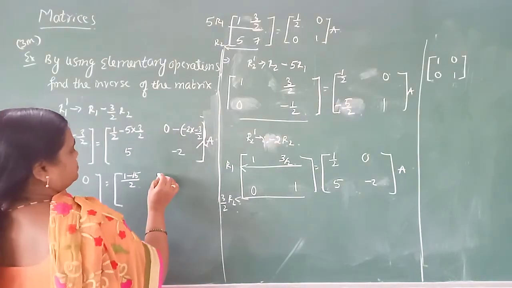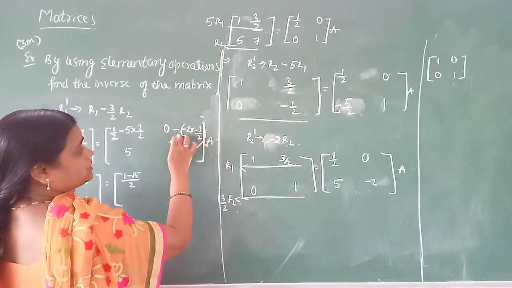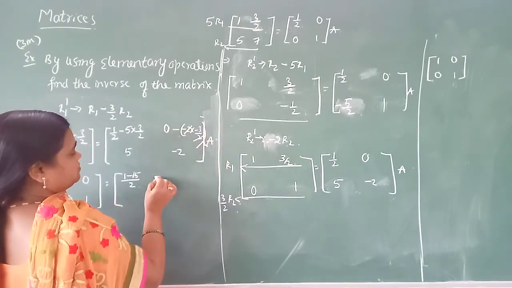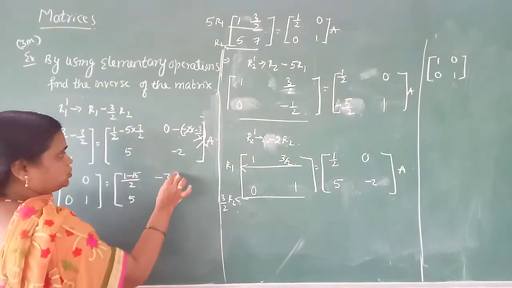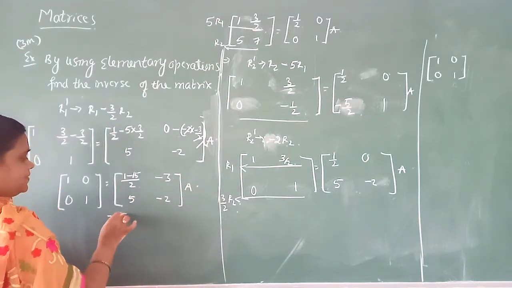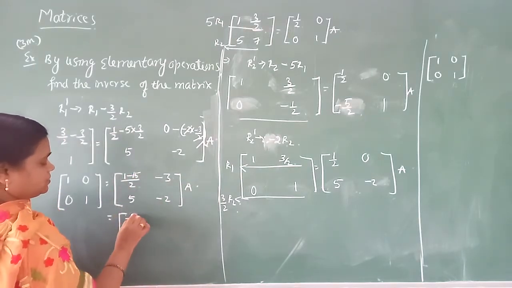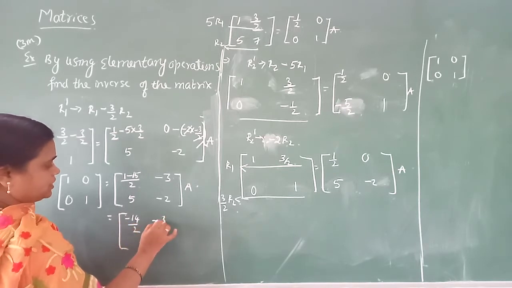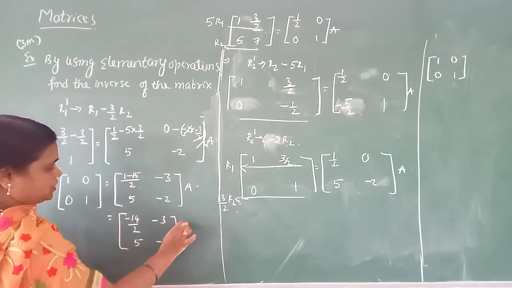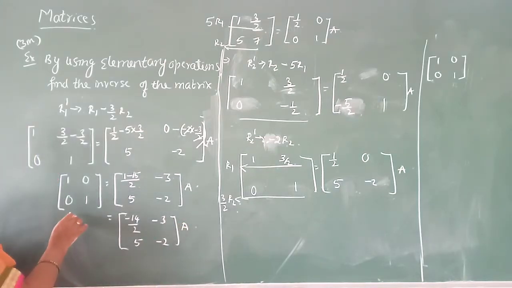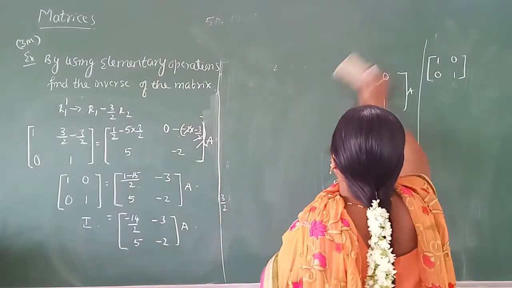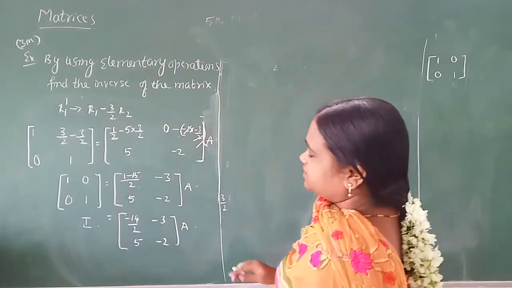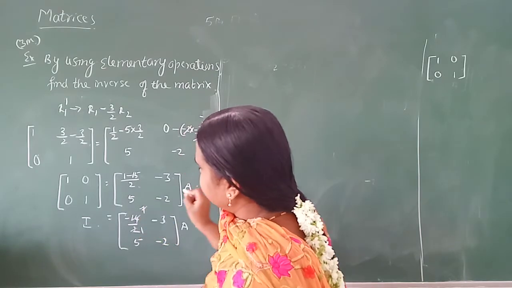Next, minus into minus, what will it be? Plus. Plus into minus, what will it be? Minus. Next, 5 minus 2 into 8. We get 1 minus 15, which means minus 14 by 2, minus 3. And this is the identity 1, 0, 0, 1, which means 2, 4, 7.